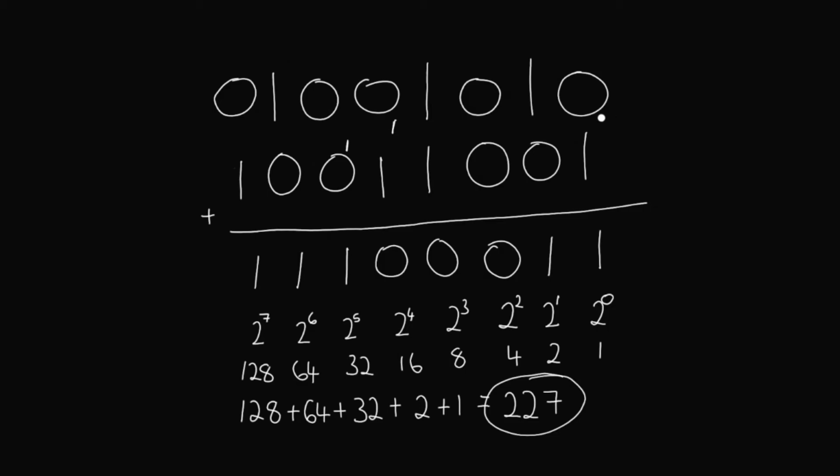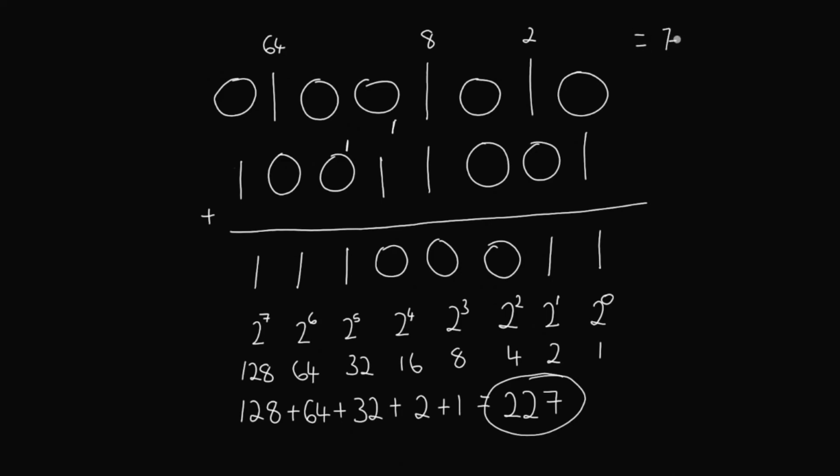And then if we add these two decimal numbers together, we should get 227. So if we look at this binary number here, we can see that this represents 64, this here will represent 8, and this will represent the number 2.